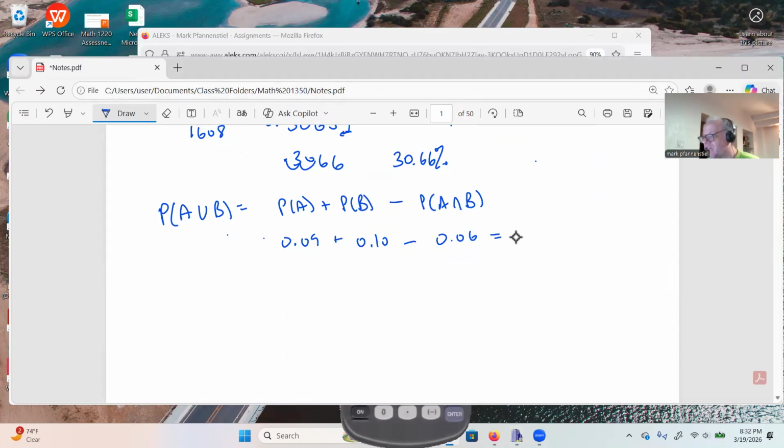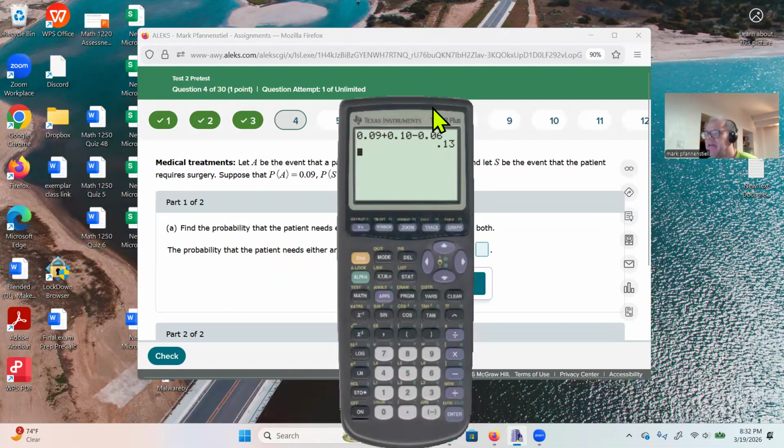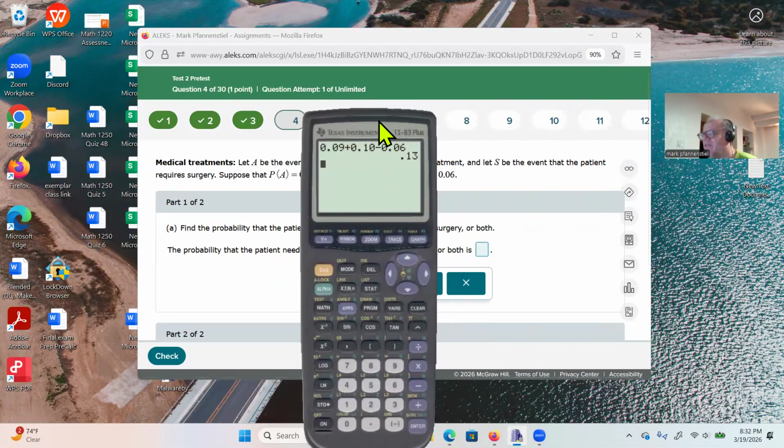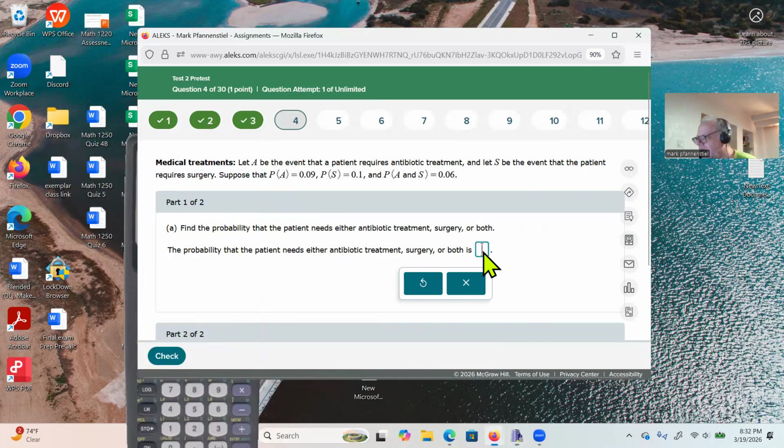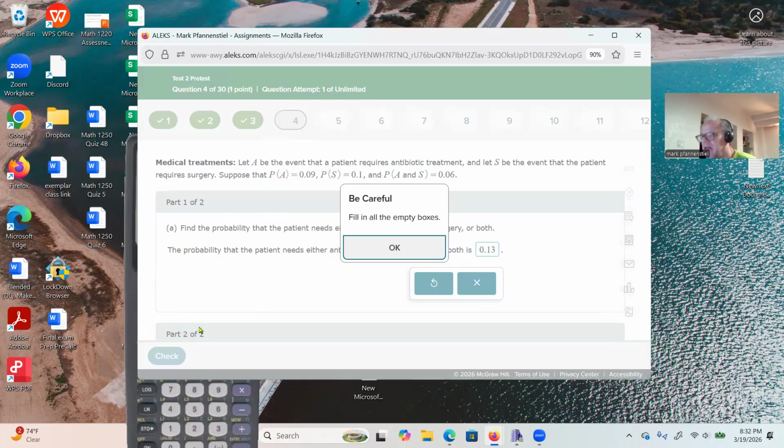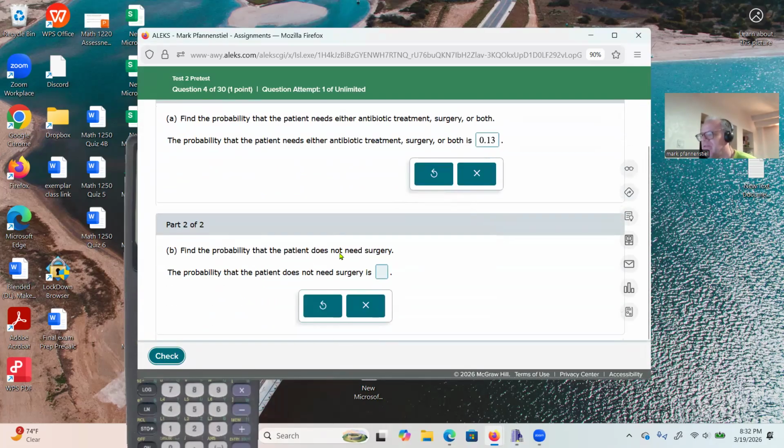Okay, so this is called the inclusion-exclusion rule, right? So you add up all the things and you subtract out the intersections. And that's what we're going to do with that. Okay, so we have 0.13, and we'll go ahead and check on this guy. Okay, fill in the, oh, I have to do both of them.